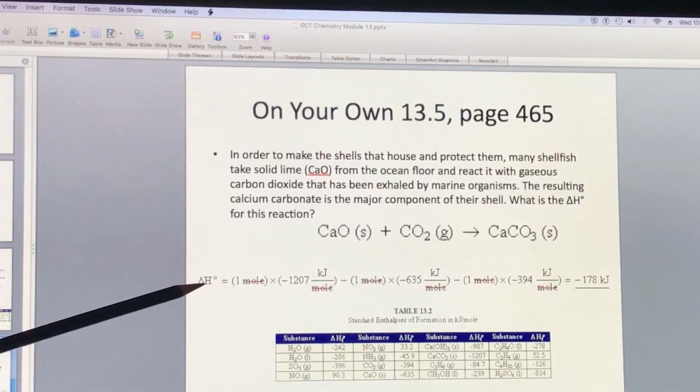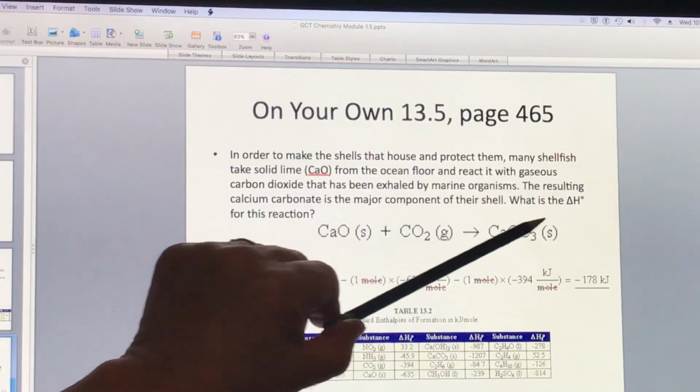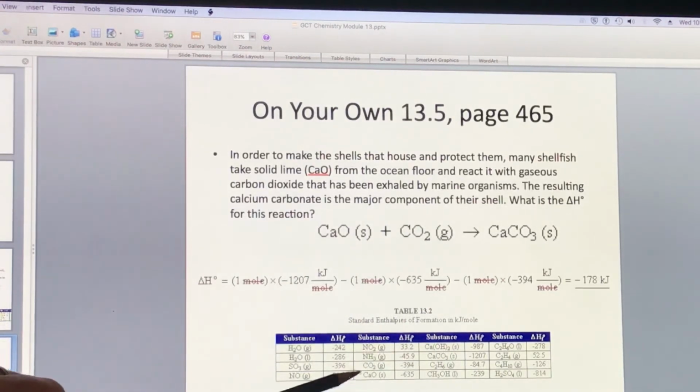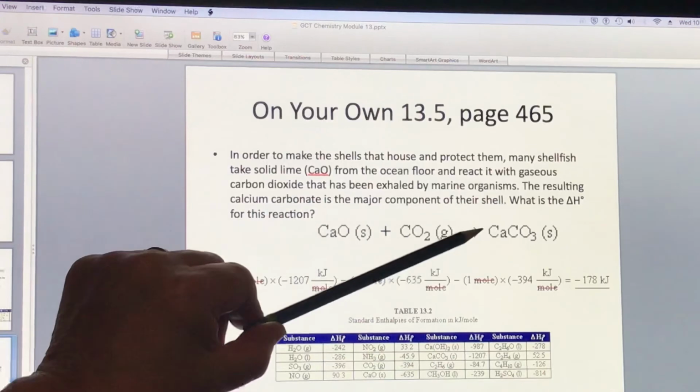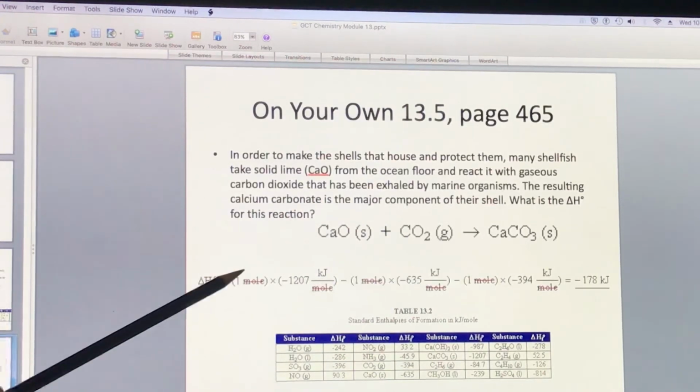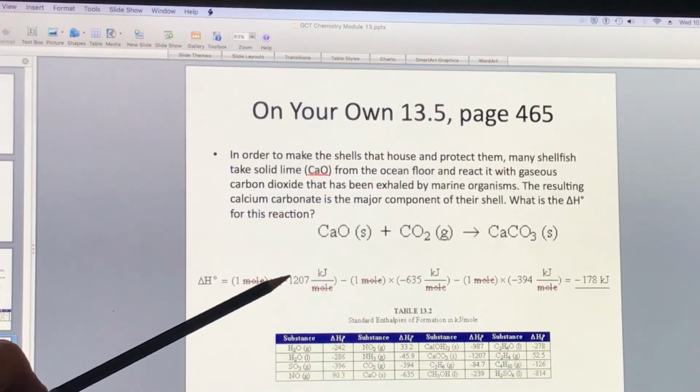Our delta H, again, we're going to start with the product. So we find CaCO3 on our chart, which is here, negative 1207. There's an imaginary 1 here, so it's 1 times negative 1207.